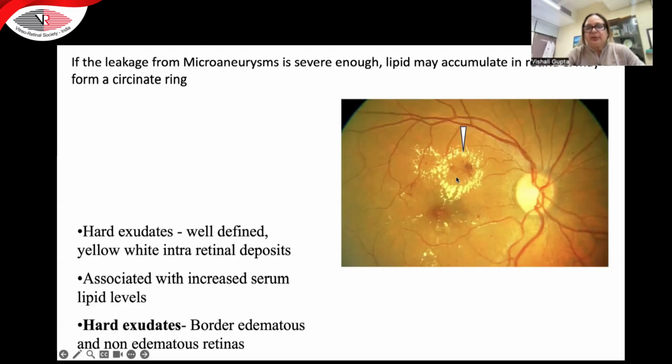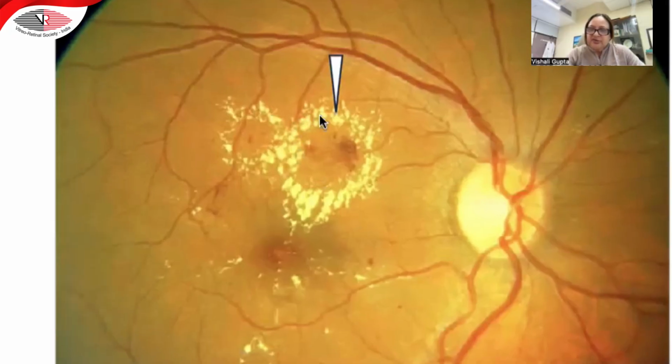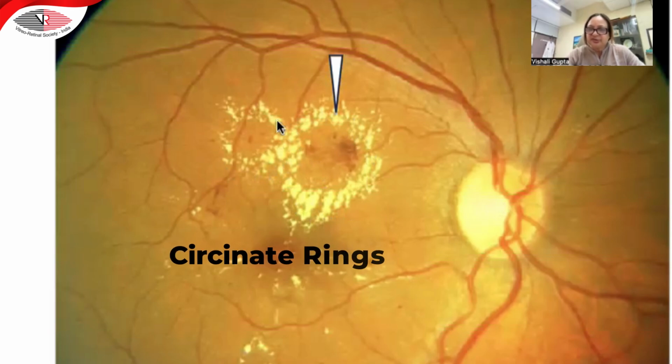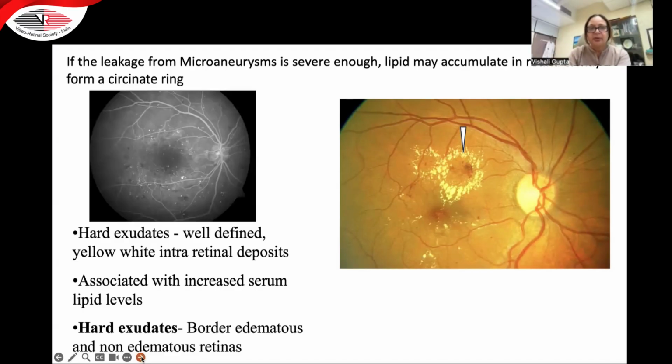If the lipids in the blood are high, they also start leaking and depositing at the border of the edematous and non-edematous retina and form these rings, which are referred to as circinate rings. So by and large, when you see circinate rings, there is macular edema caused by the microaneurysm sitting right in the center of the ring.